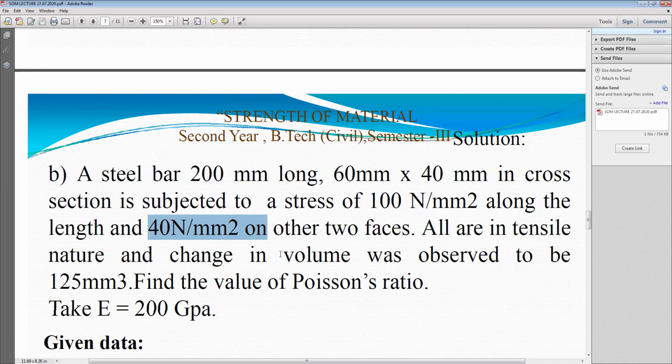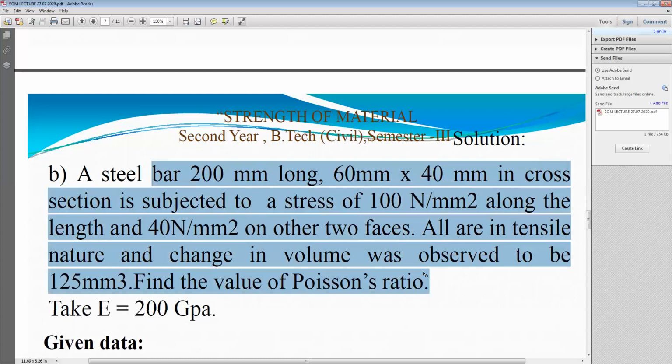But there are another two stresses with a quantity equal to 40 Newton per square which act on the other two faces. It means we have to consider three faces simultaneously. Such a problem is related to the triaxial stress system.